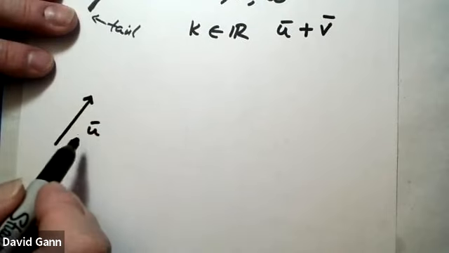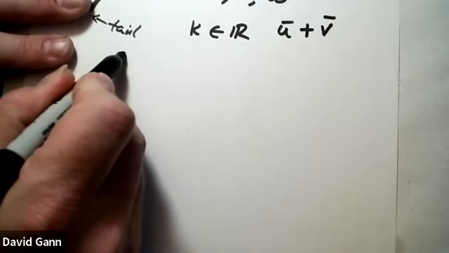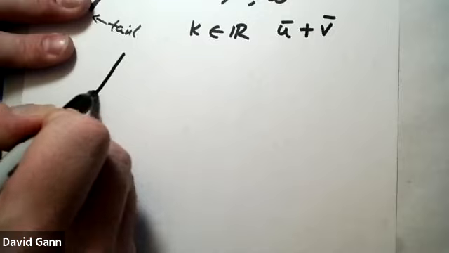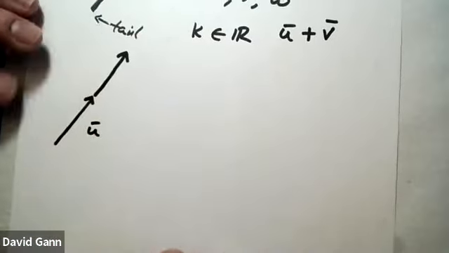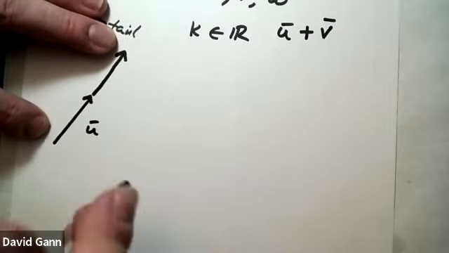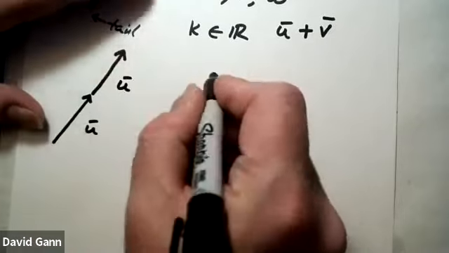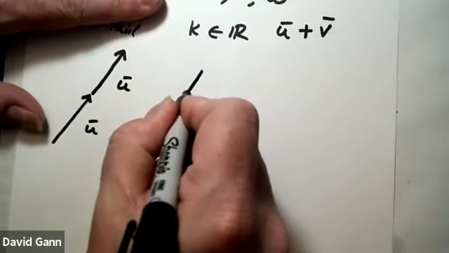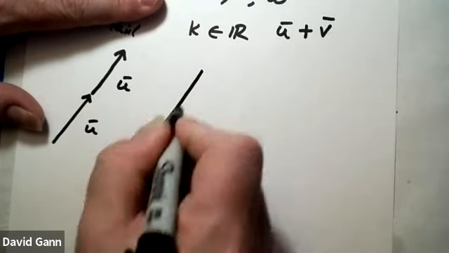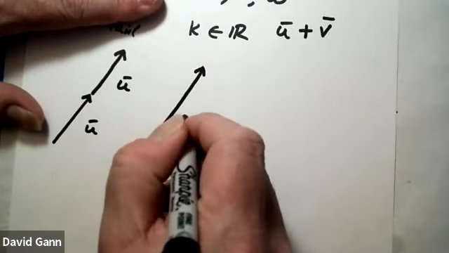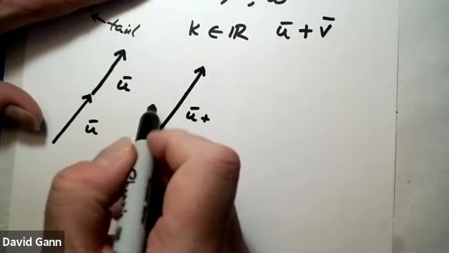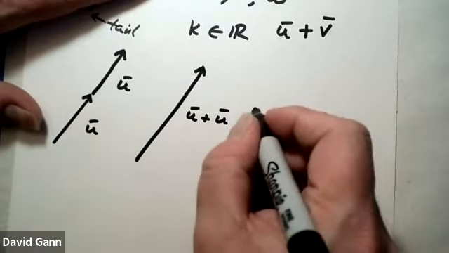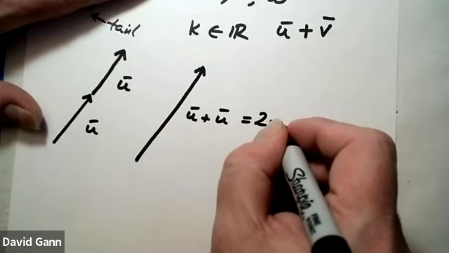So this would be U, and then if we want to add another U to it, this whole arrow becomes U plus U, a longer vector, which loses the tip in the middle, or you might actually call that 2 times U.